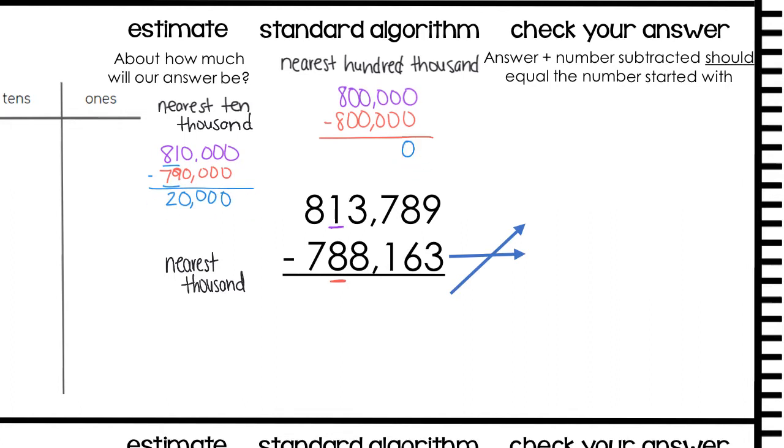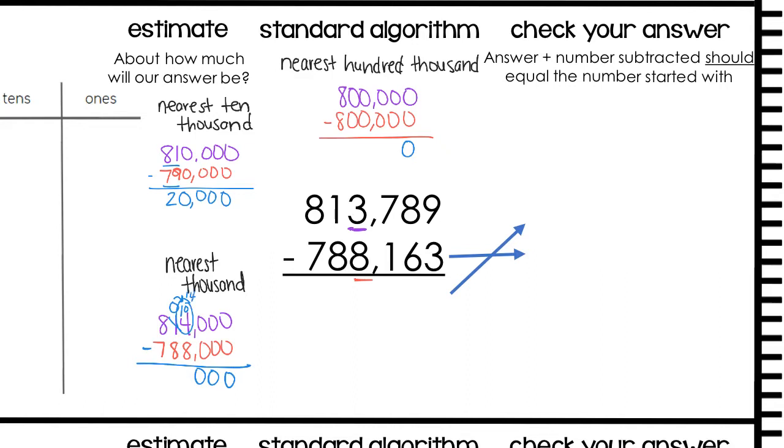Now I'm going to try to round to the nearest 1,000. That would be 814,000, and that would stay the same. So we have 788,000. And if we subtracted those, then I would have to really do some subtracting here and say, all right, I'm going to regroup 10 more.